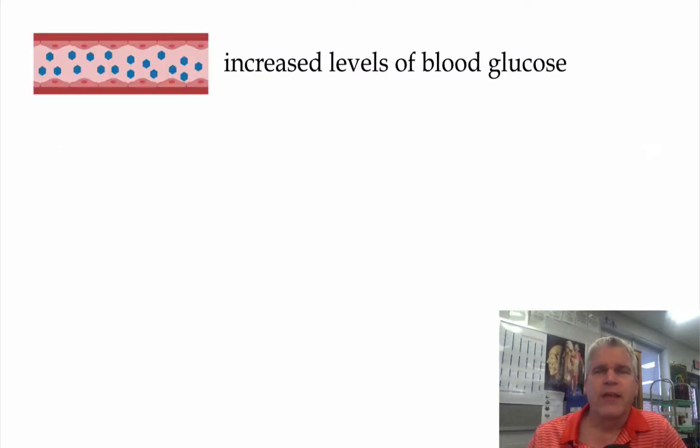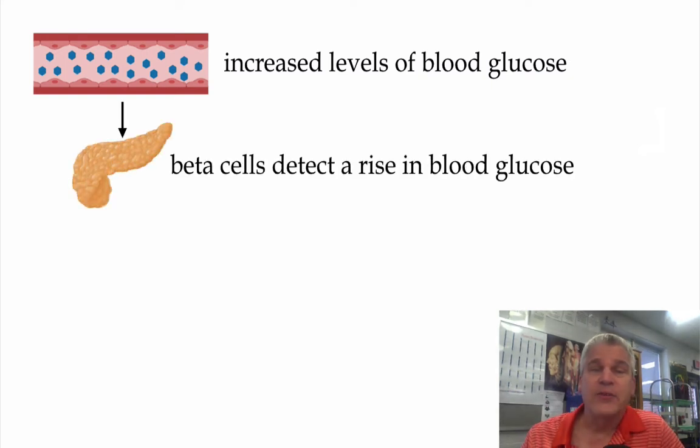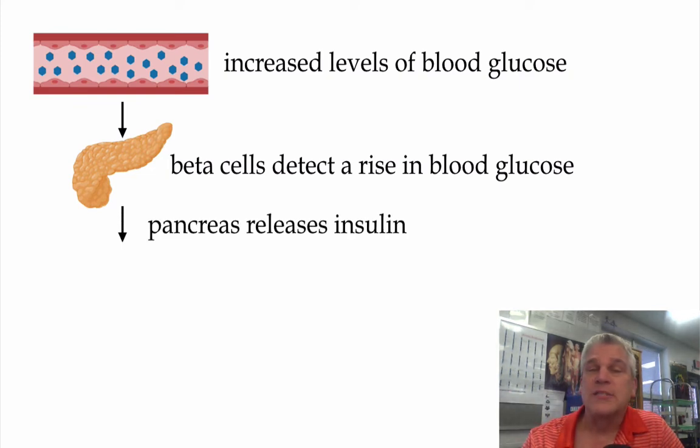Let's start off with, let's say we have too much blood glucose level. So this will happen just about any time you eat something with a lot of sugar in it, after most dinners. And the hypothalamus is certainly going to pick this up, and it's going to send some hormones to the pancreas. Now, specifically in the pancreas, there are what are called beta cells. When there's too much glucose in the blood, the beta cells are going to release a hormone called insulin.